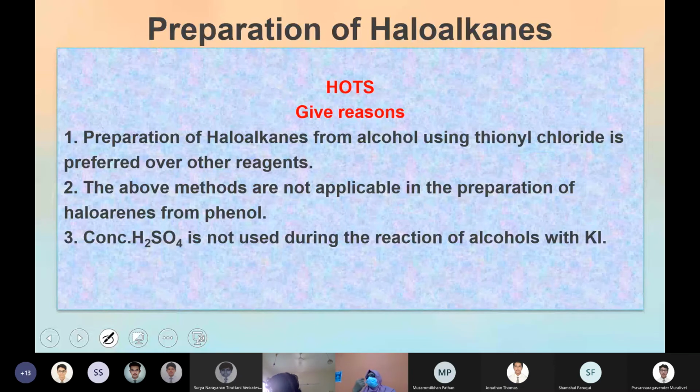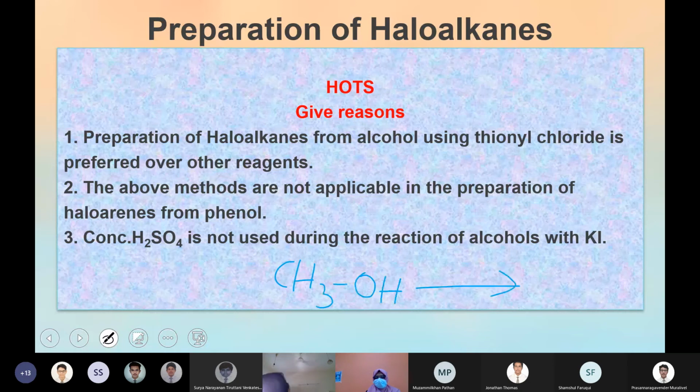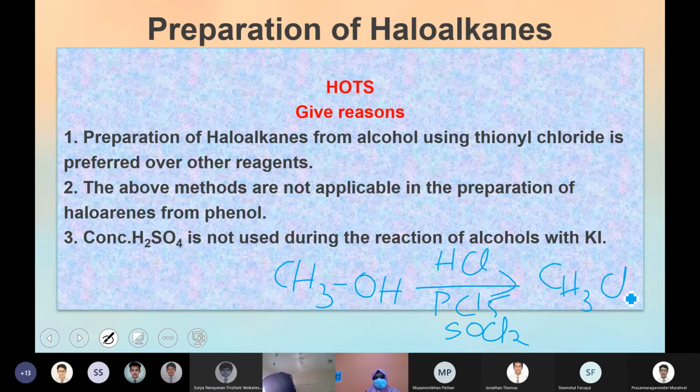Second question, again an exam type of question, a hot question. In the above method, if you take CH3OH and if you take HX, that is HCl, or PCl5 or SOCl2, any of these reagents, what you get is CH3Cl. That means it's a substitution of the OH group with chlorine. That is what happens with any of the reagents you have taken.